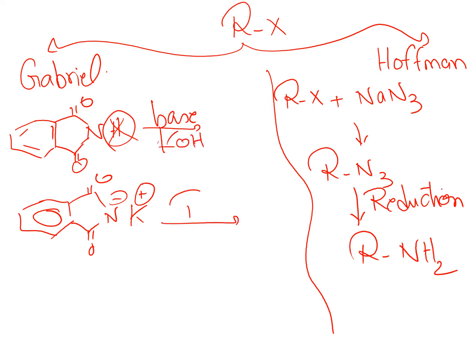And then you add the alkyl halide. The negative charge will attack the carbon attached to the halogen, replacing the halogen. Definitely a negative charge in case of phthalimide is a much stronger nucleophile than just a lone pair of electrons in case of an amine. When we were using ammonia, we just had a lone pair of electrons.